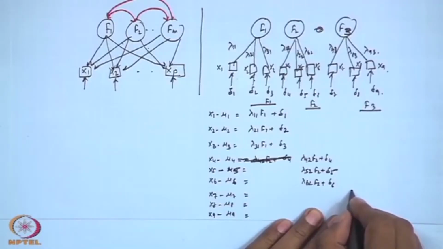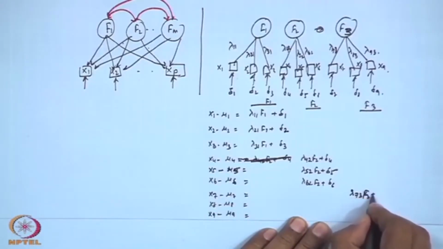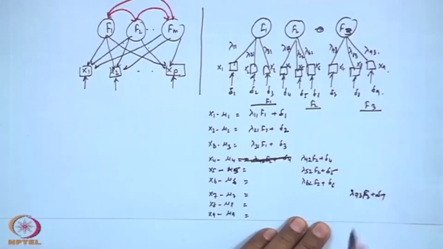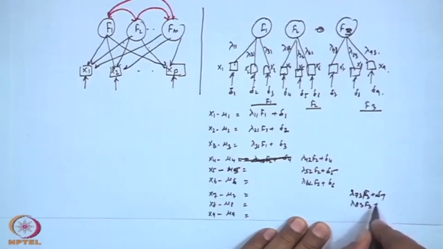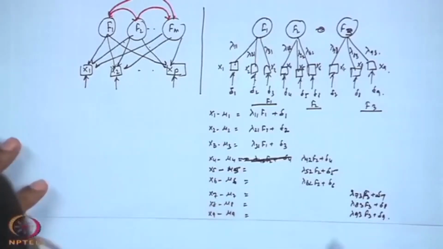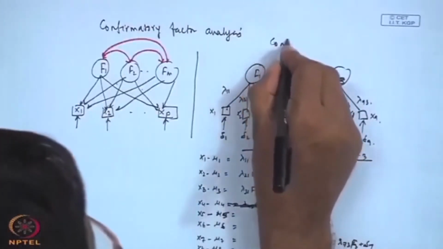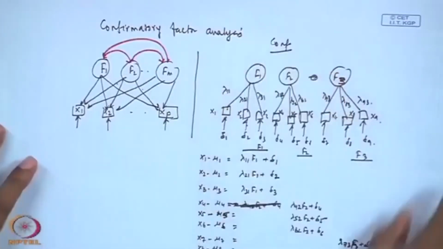That x7 minus mu 7 is lambda 7 3 f3 plus delta 7, then lambda 8 3 f3 plus delta 8, lambda 9 3 f3 plus delta 9. So this is what we are talking about under confirmatory factor analysis.